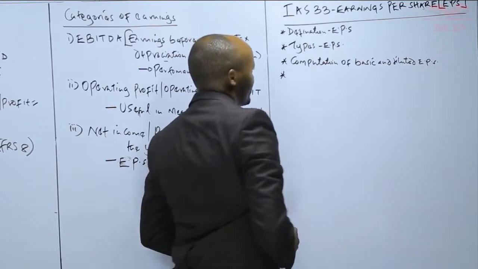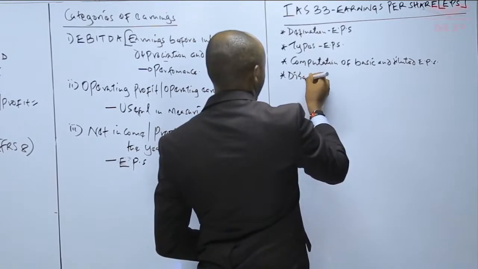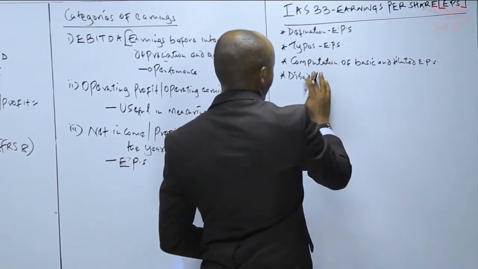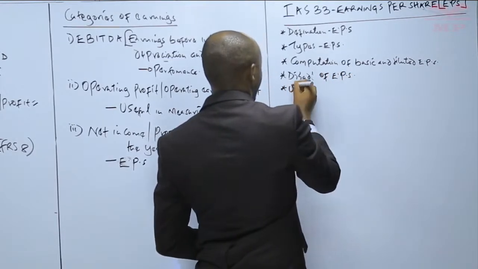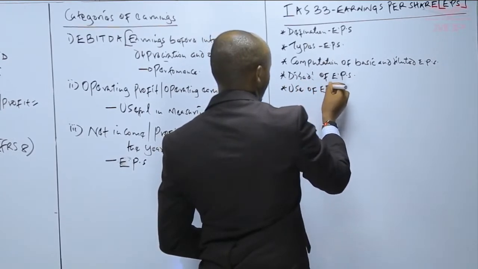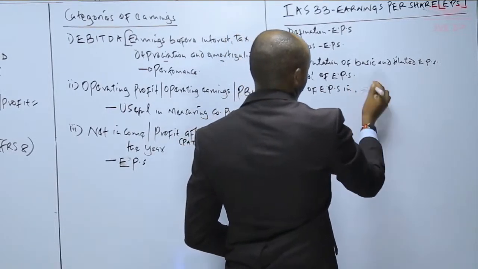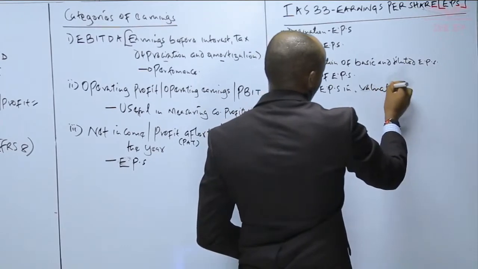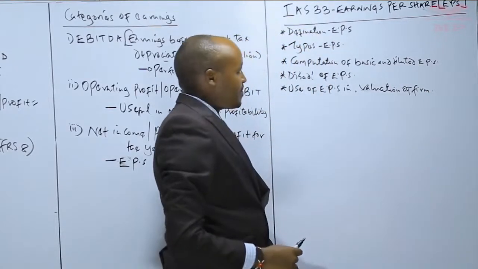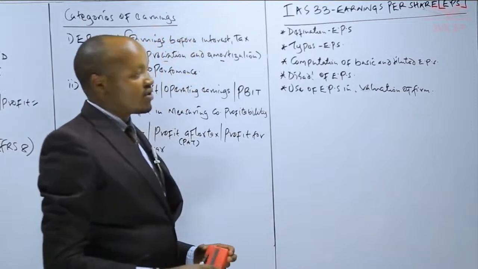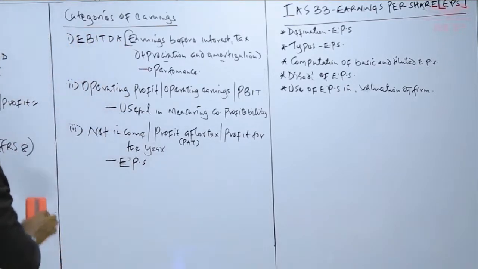We are also going to look at some of the criticisms, or disadvantages, of earnings per share. And lastly, we are going to look at the use of EPS in the valuation of a firm. So those are the various areas we are going to cover as far as the topic of earning per share is concerned.